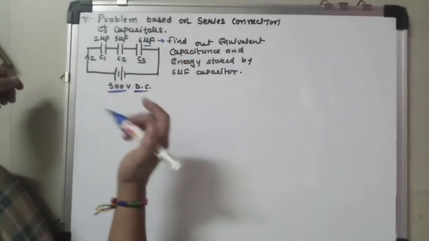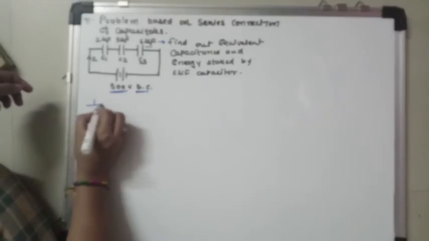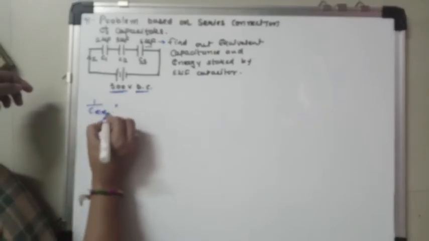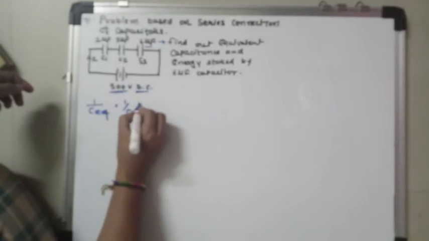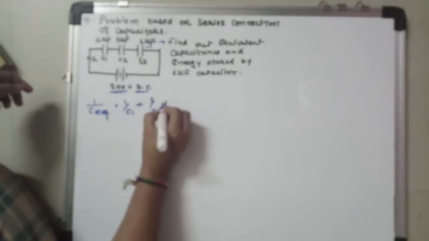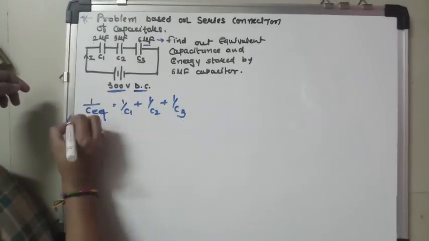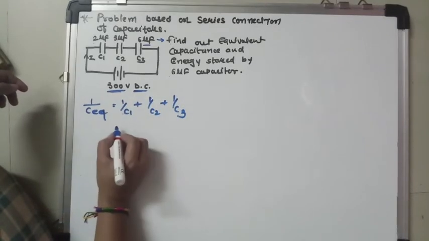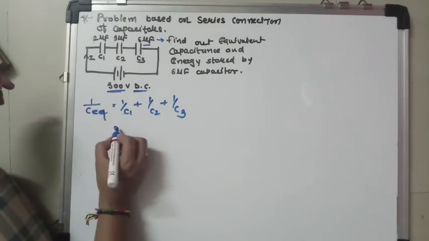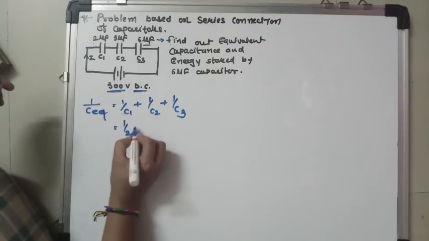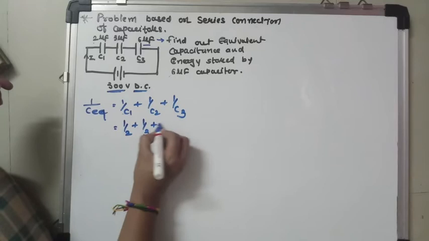By applying the formula, 1 upon C equivalent is equal to 1 upon C1 plus 1 upon C2 plus 1 upon C3. That is the formula for the series connection of capacitors. Now substitute the value of each capacitor: 1 upon 2 plus 1 upon 3 plus 1 upon 6.